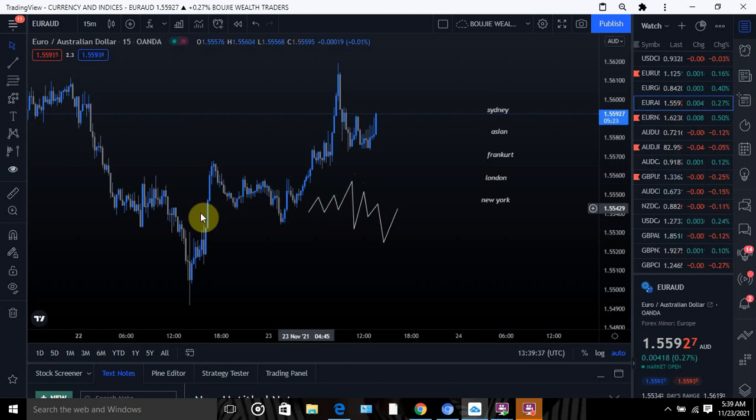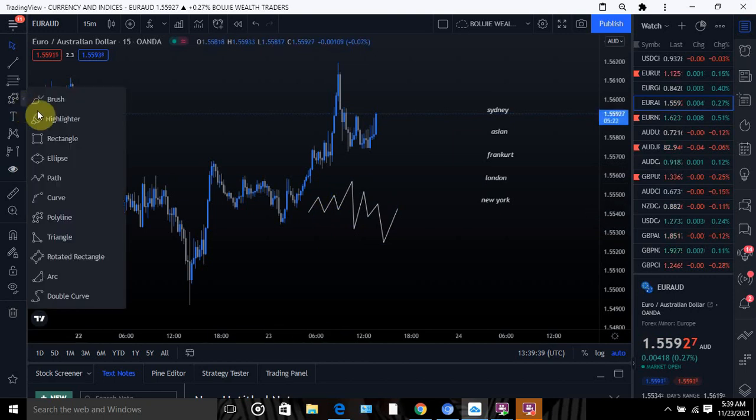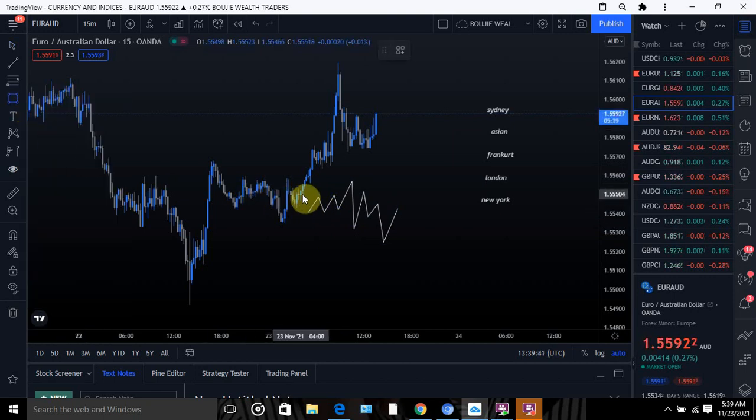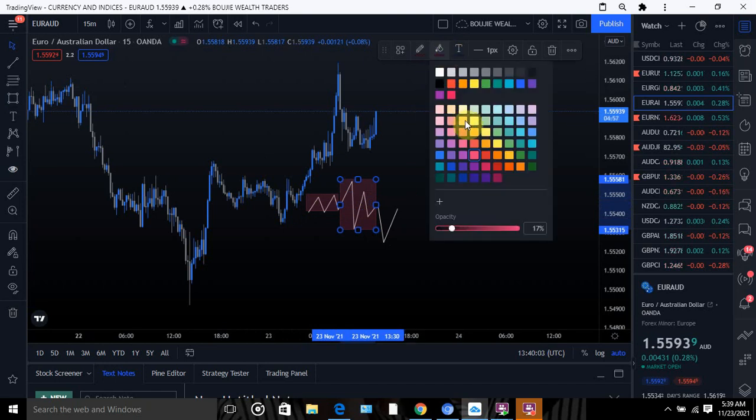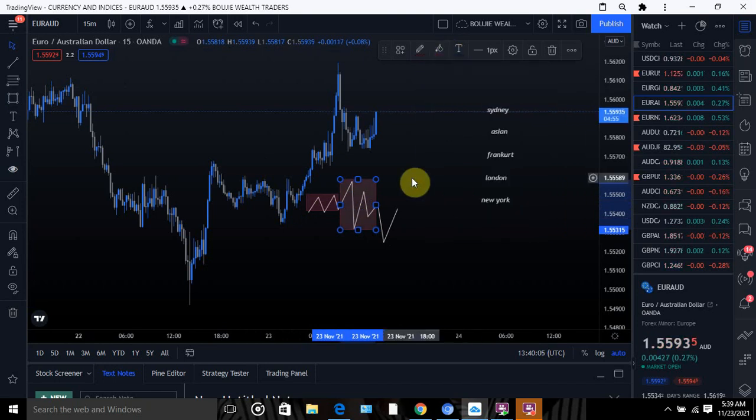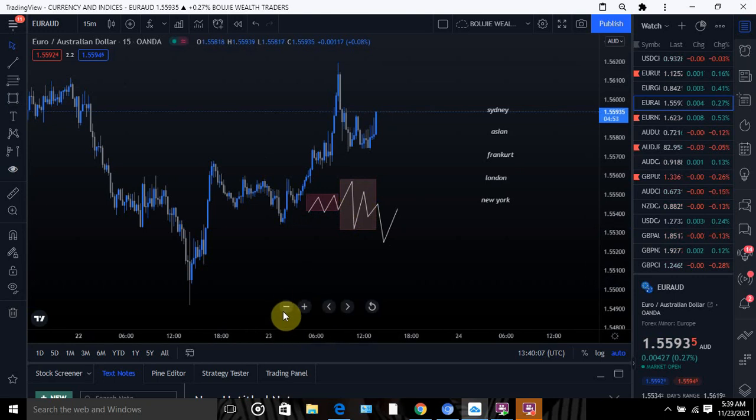Let me use this to highlight. We have the opening, which gives us the Sydney, just like this. We have the Asian, which breaks the low and the high of Sydney.